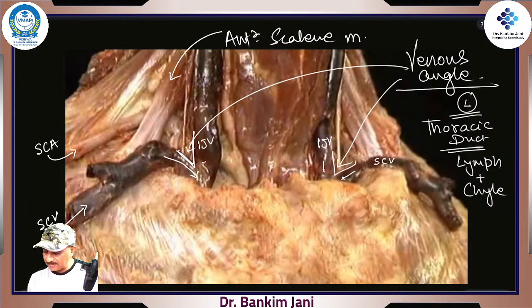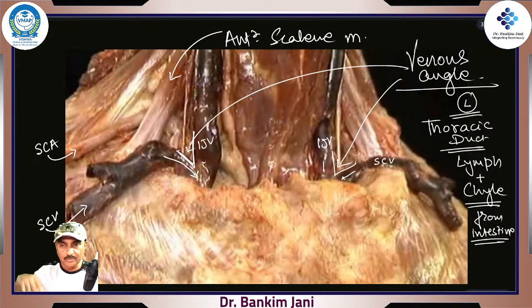So all these things which are from the intestine, it is put into the blood via the thoracic duct. So that thoracic duct, which will be carrying lymph and chyle, it will put all those contents into the blood at this junction, right? From here it will be carried to the liver by the portal vein, right?